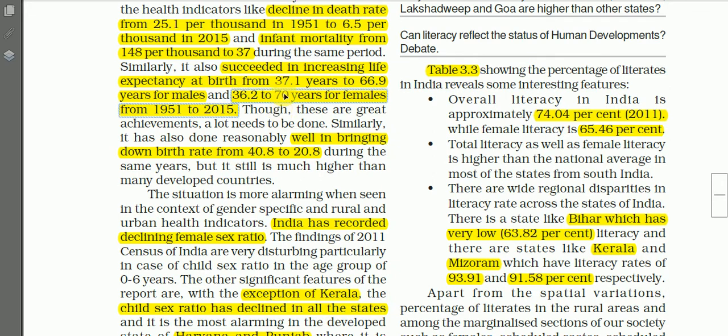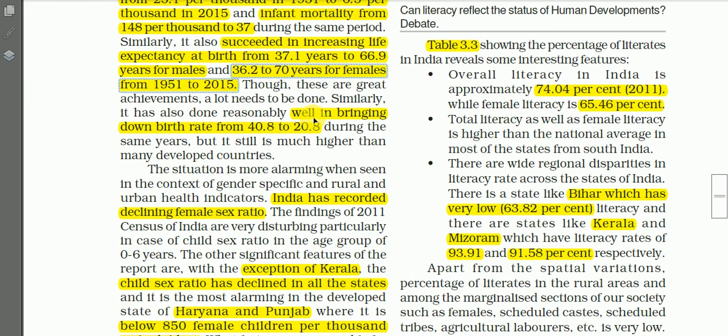The expected years that a person can live is also improving. It was only 37.1, so that means most of the people were dead at the age of 37 to 40 in 1951. Now we can live at least up to 66.9 for males, and females can live on average up to 70 years minimum in 2015.